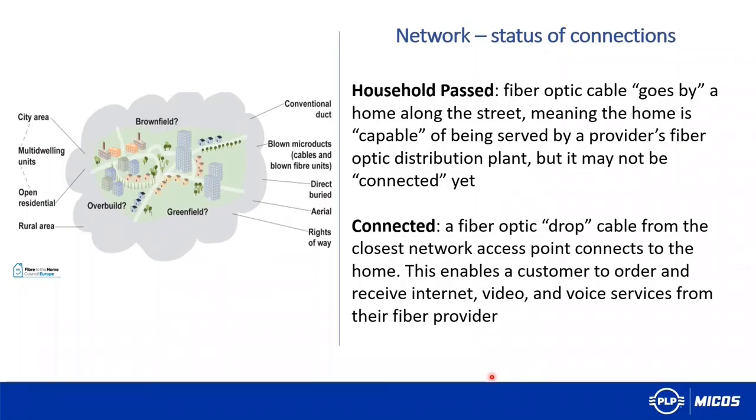We should know that when you're connecting a home unit, you can either have a really connected home unit, meaning the fiber is all the way to the home unit, or you can have a household pass. Household pass means that in most cases the fiber ends in the access point, and the customer is connected after he asks for service.